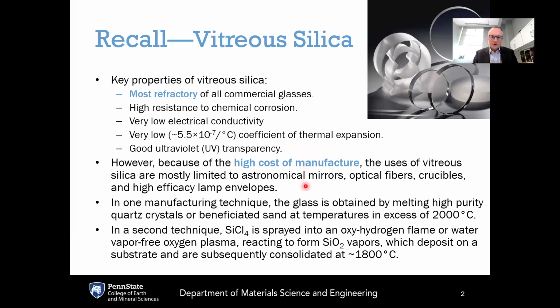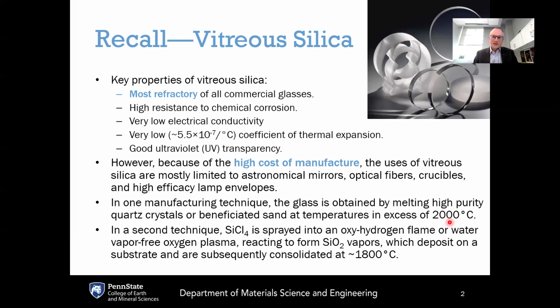The main problem with vitreous silica is that it's very expensive to manufacture because of the very high temperatures that are needed. The temperatures required are in excess of 2000 degrees C. This means that vitreous silica is really only used where it is necessary, because that level of purity is required.